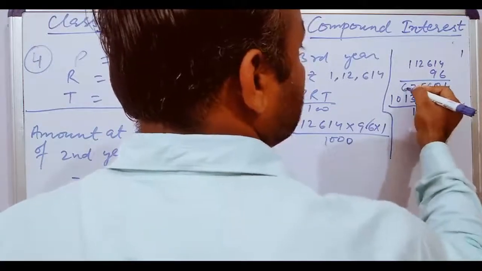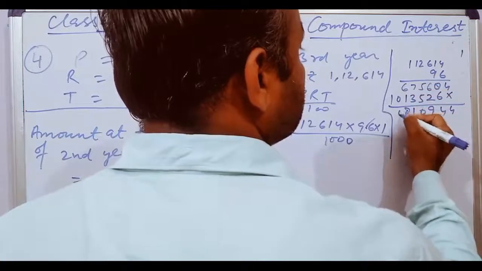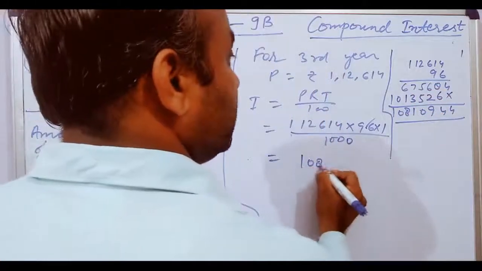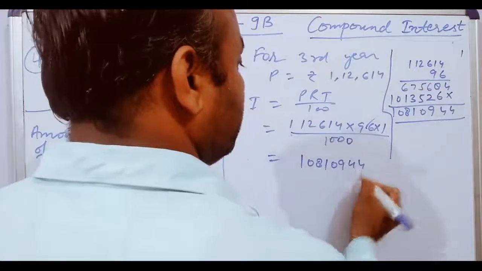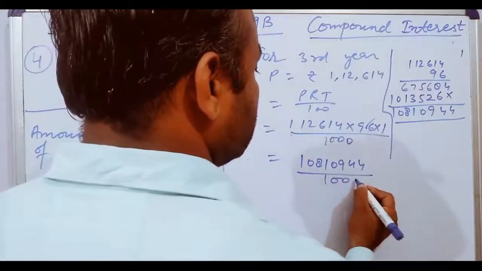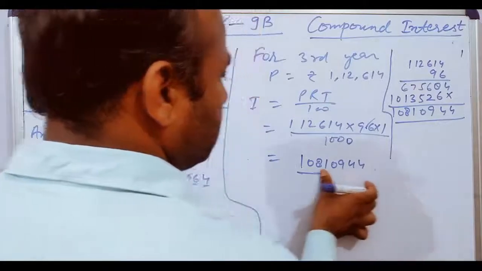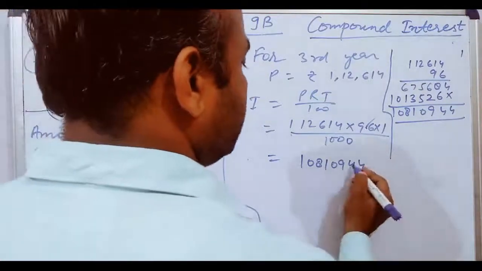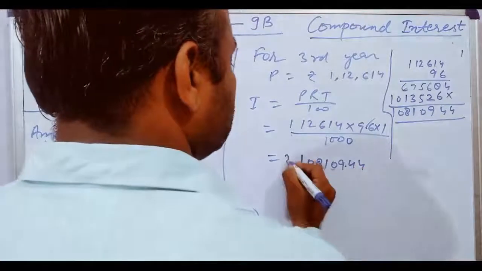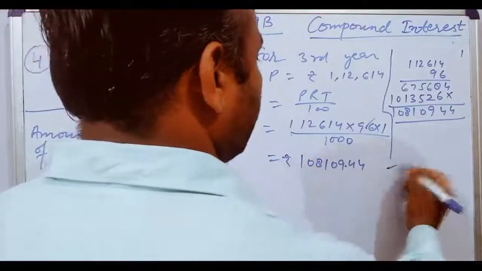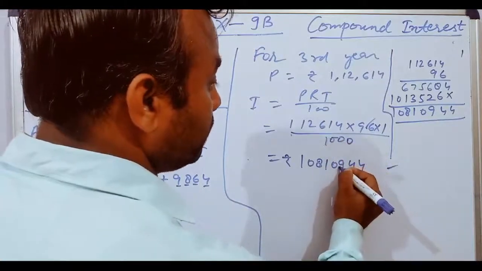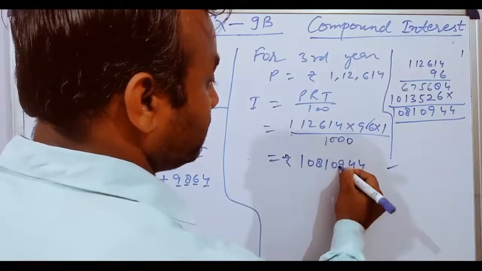Adding gives 10,81,094.4 upon 1000. Now divide, place the decimal. This is the interest amount. Here we will place the decimal.